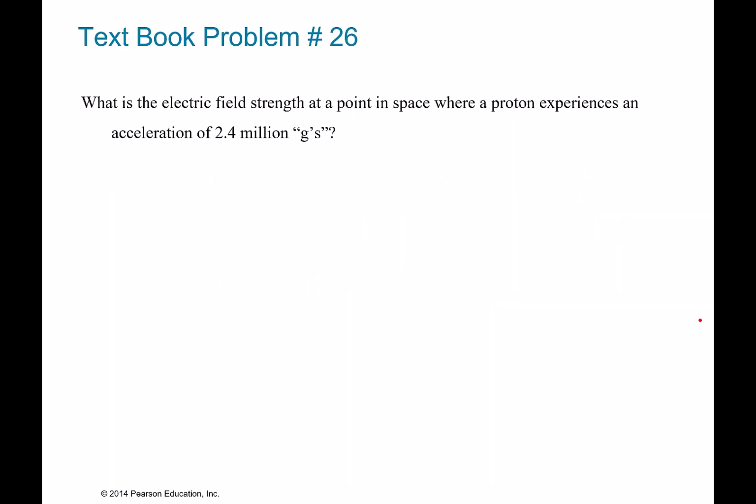And similarly, we can work on another problem. These are pretty simple problems. Assume that you have an electric field strength at a point in space where a proton experiences an acceleration of 2.4 million Gs. 2.4 million Gs means the acceleration is 2.4 × 10^6 times the acceleration due to gravity, which is 9.80 meters per second squared.